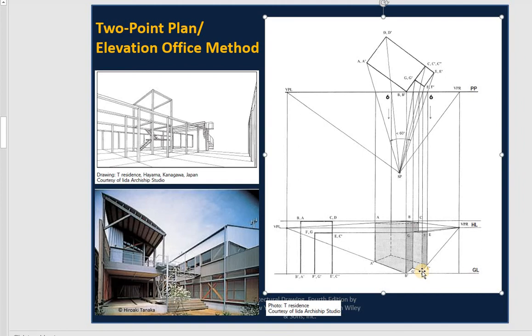So this is the point you connect with the vanishing point on the horizontal line, and you have the line right here. You do the same thing with this point. You start from the standing point, you start the line here, and when they cut the picture plane, you drop down. And you connect the point and the vanishing point. So this is the line right here on this side.